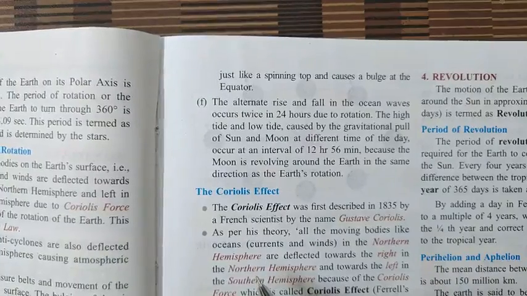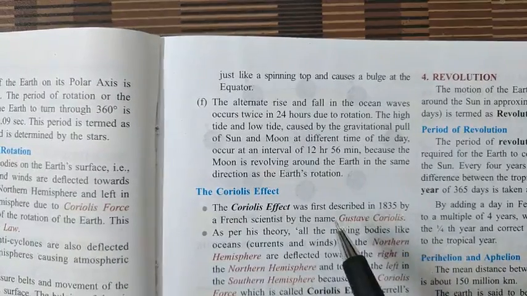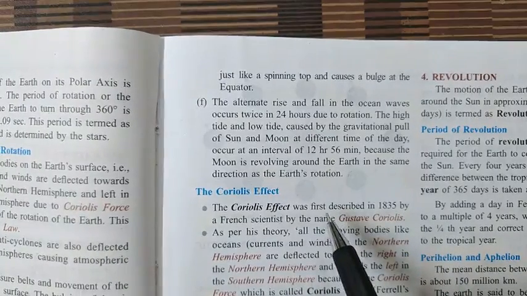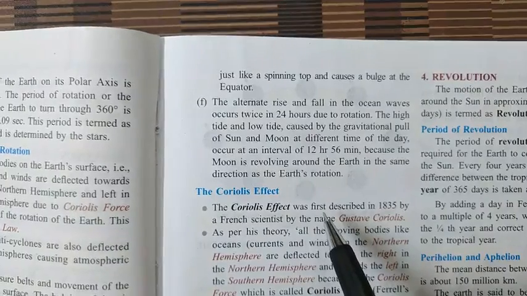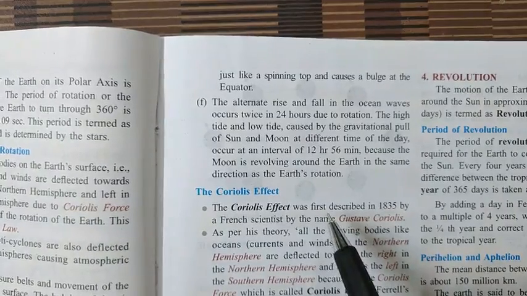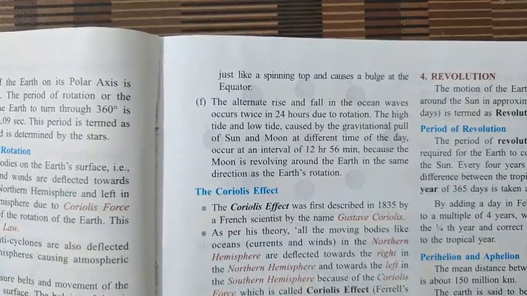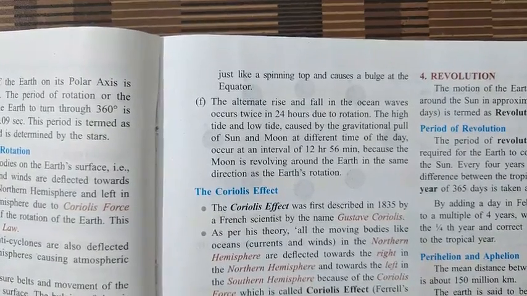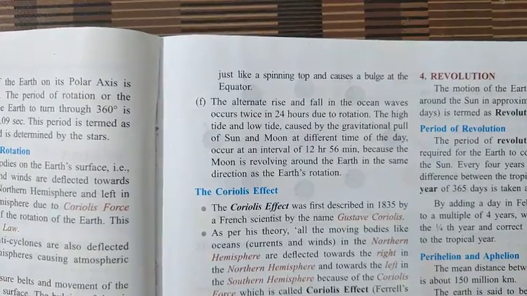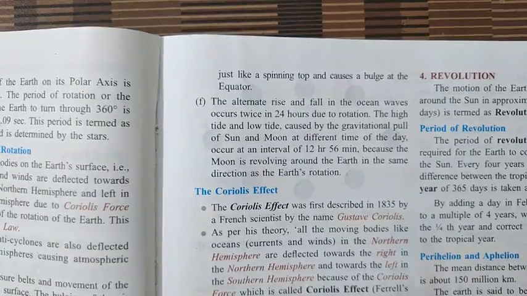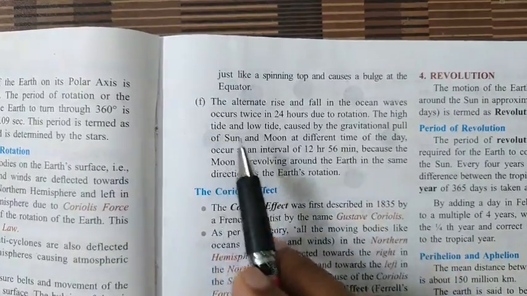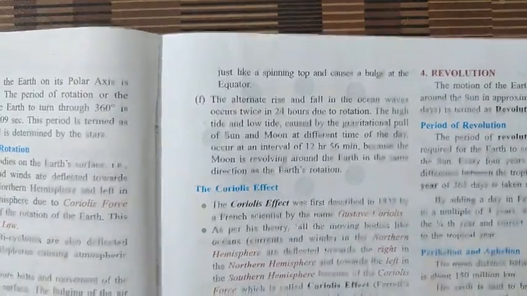In the previous class you studied about tides. Tides are caused usually by the gravitational force of the moon and the sun, but one other important cause is the rotation of the Earth.